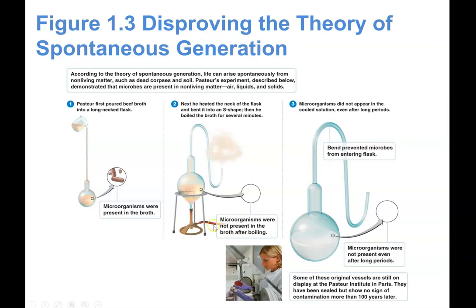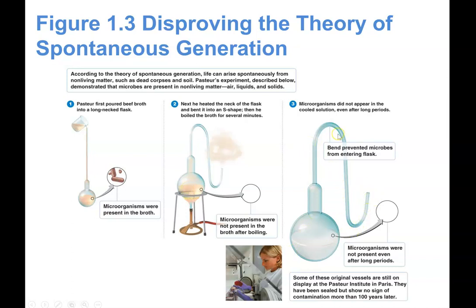As Bill Nye was explaining, Pasteur took some broth and put it into a flask. It had a long bent neck, which they call an S-shape or swan neck flask, which was so steep that microbes could not ascend up the neck of the flask. He boiled the broth within to sterilize it, and it remained sterile.